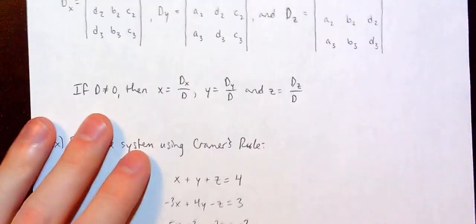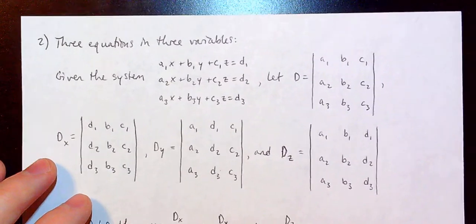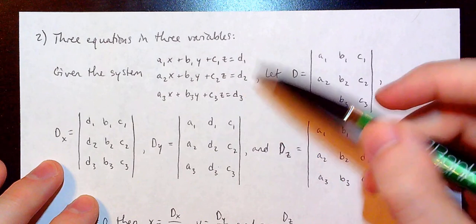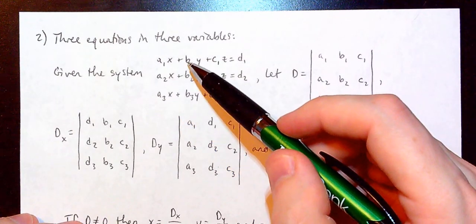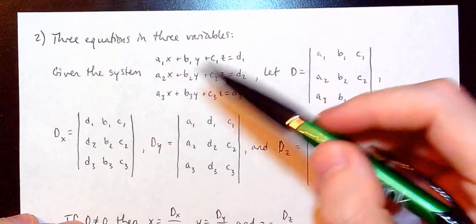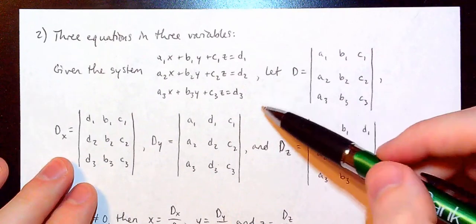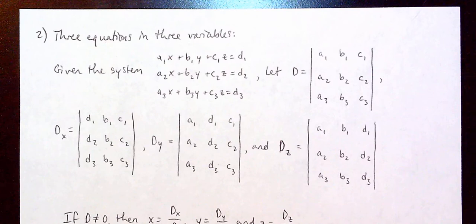So here's Cramer's rule for three equations in three variables. You have a system like this. A1, A2, A3 are your x coefficients. B1 through B3 are y coefficients. C1 through C3 are z coefficients. And then those things are equal to numbers D1, D2, and D3.